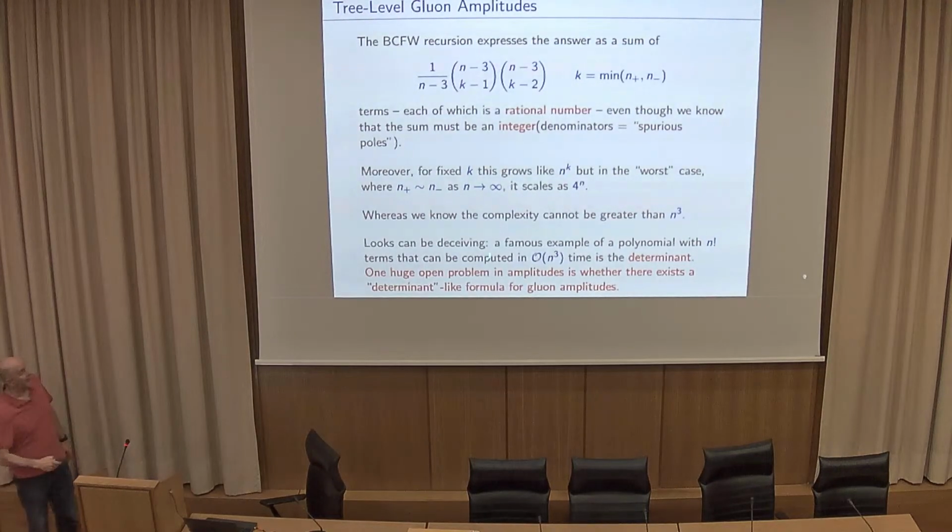And the fact that we know that it should be no worse than n cubed, based on Berends-Giele, suggests that something like this exists, but it's not known yet. In sophisticated language, we call this the problem of finding the dual amplituhedron, but that goes far beyond what I wanted to say. All I wanted to emphasize is that these BCFW terms are not random, they're very special. They're doing something very special, and we want to understand that structure better.